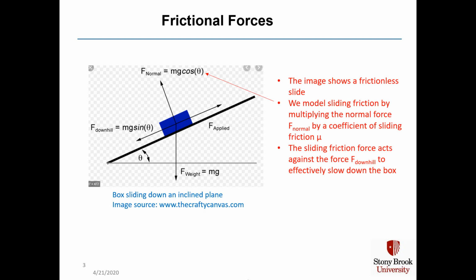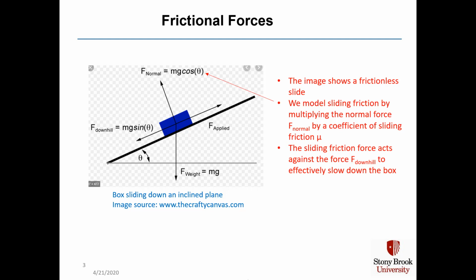The image on the left shows a frictionless slide. You've probably seen this image many times because it's a standard part of freshman physics. In this slide, the block slides down the incline with a downhill force of mg sine theta, where theta is the angle between the ramp and the horizontal.